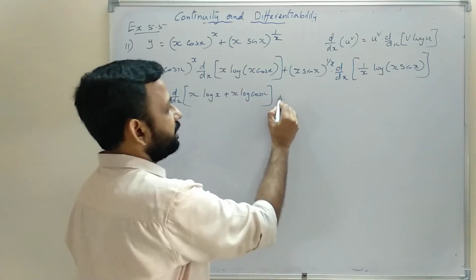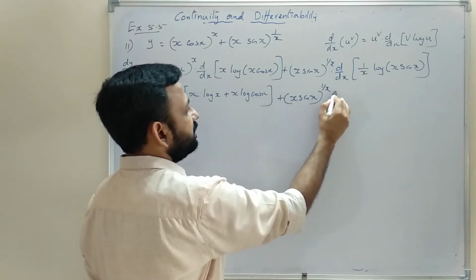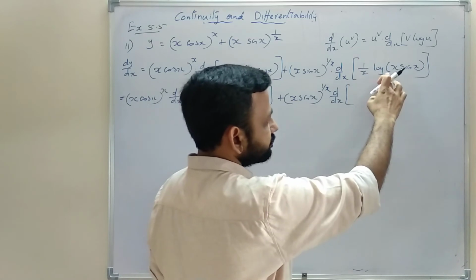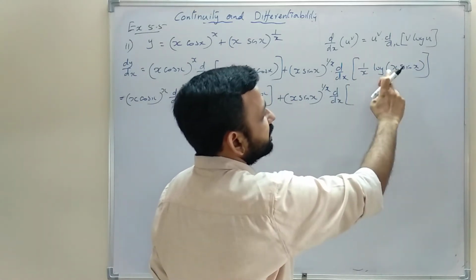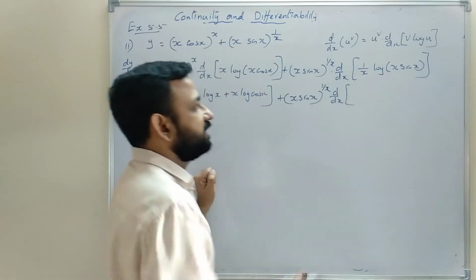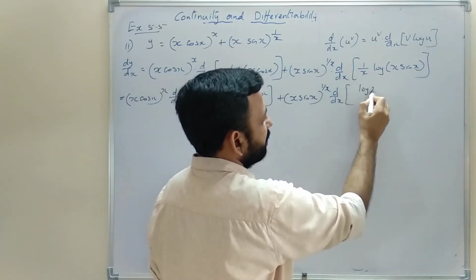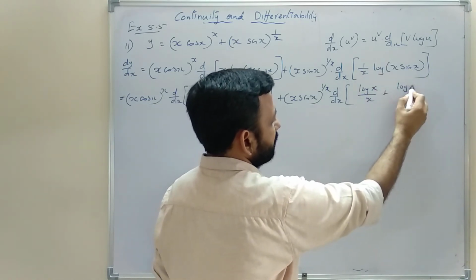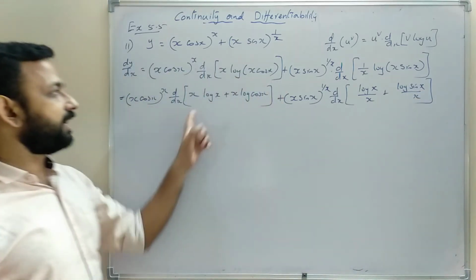Then plus (x sin x) raised to the power 1 by x, then d by dx of log x plus log sin x, into 1 by x, that is log x upon x plus log sin x upon x. Now we can differentiate it.